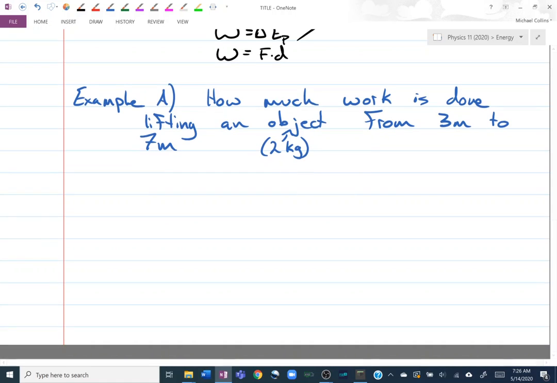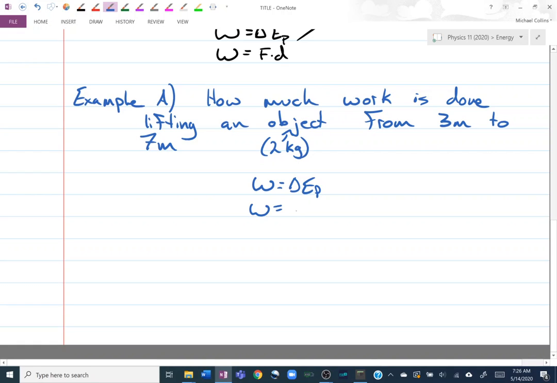So what I would do is I would choose to calculate work as work is equal to change in potential energy. If we're given a force, I would use work is equal to force times displacement. If we're changing the height of something, we're changing its potential energy, so I would use work is equal to change of potential energy. If we're changing something's velocity, then I would use work is equal to change in kinetic energy. So work is equal to change in potential energy.